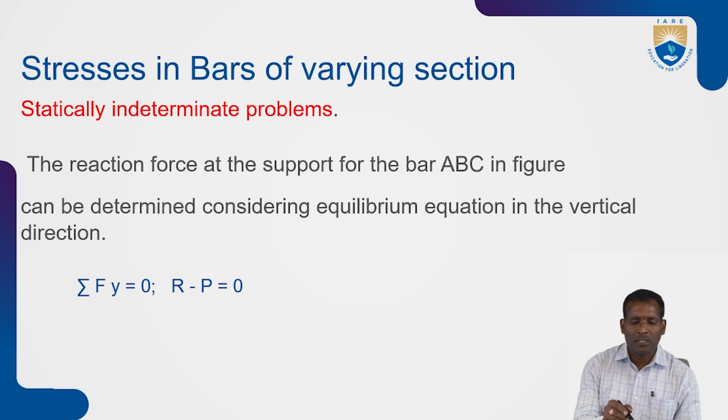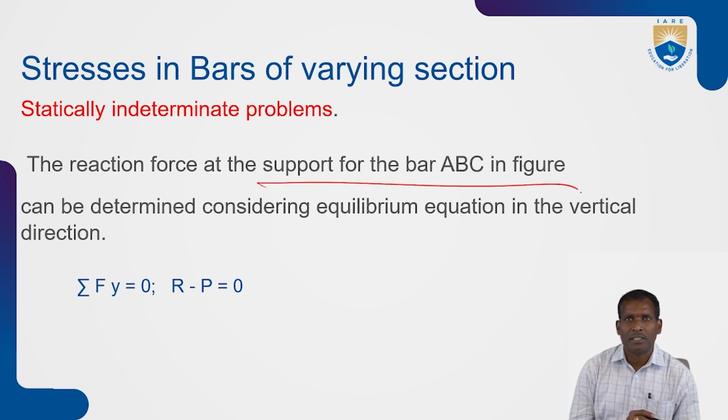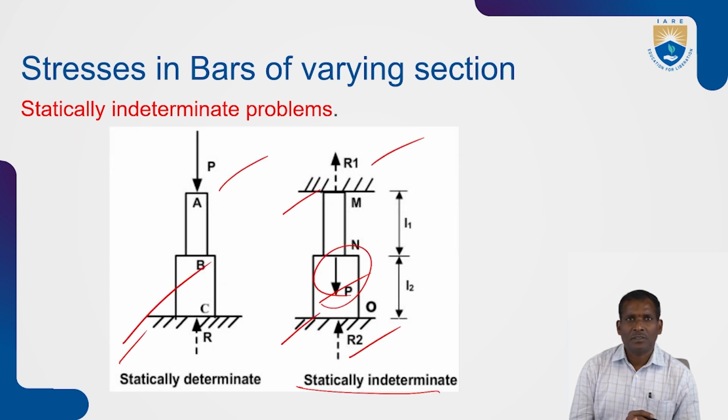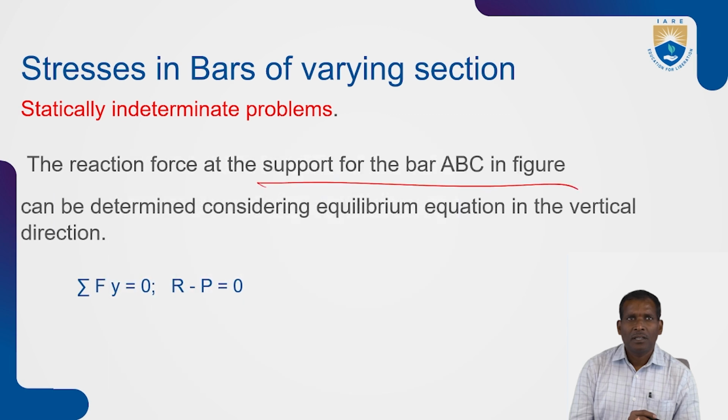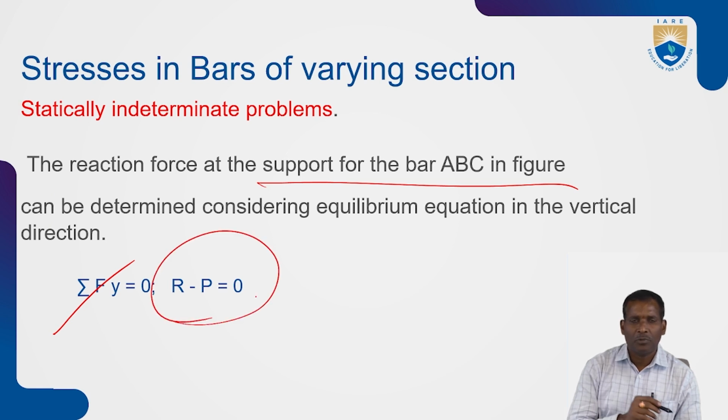The reaction force at the support for the bar ABC is shown. The summation of vertical forces is equal to 0. Therefore, the reaction force minus the internal force will be 0.